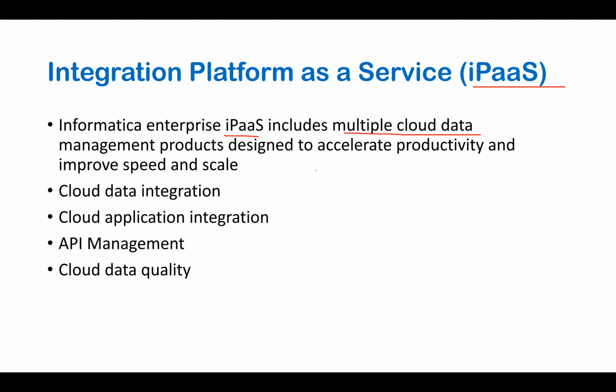IICS is nothing but an integration platform. It will integrate the data from source to target. They do have a lot of different services, and that's what iPaaS solutions are.